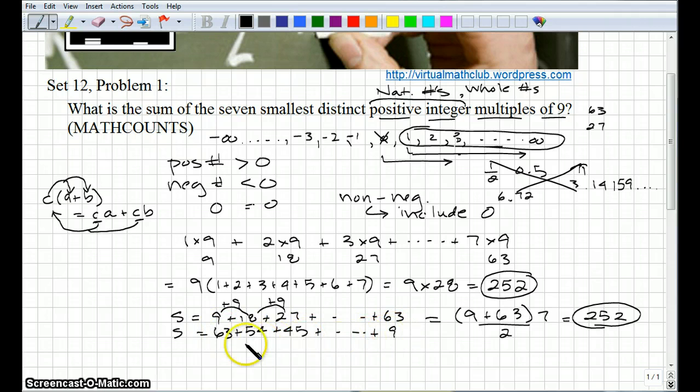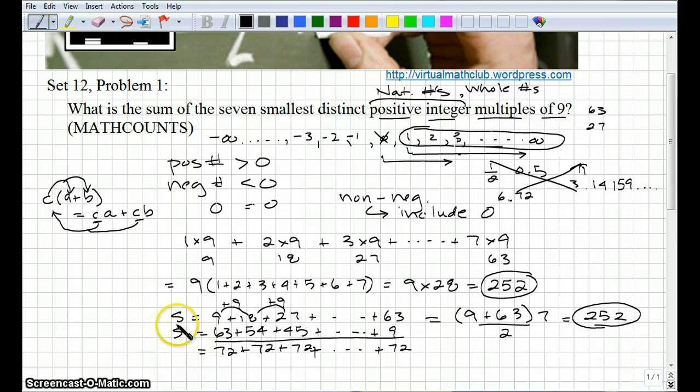Okay, and if we add those up, you can see that this is 72, 72, 72, and all the way to 72. Okay, so we'll end up with this list of 72s that we're going to add up.